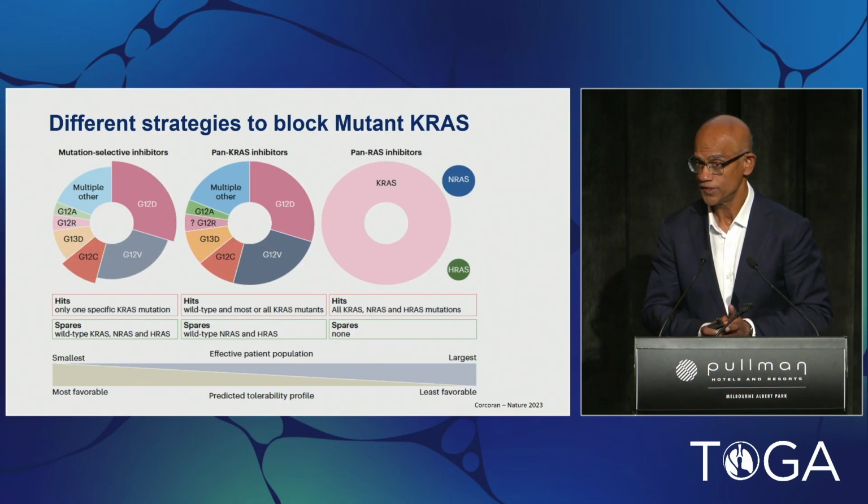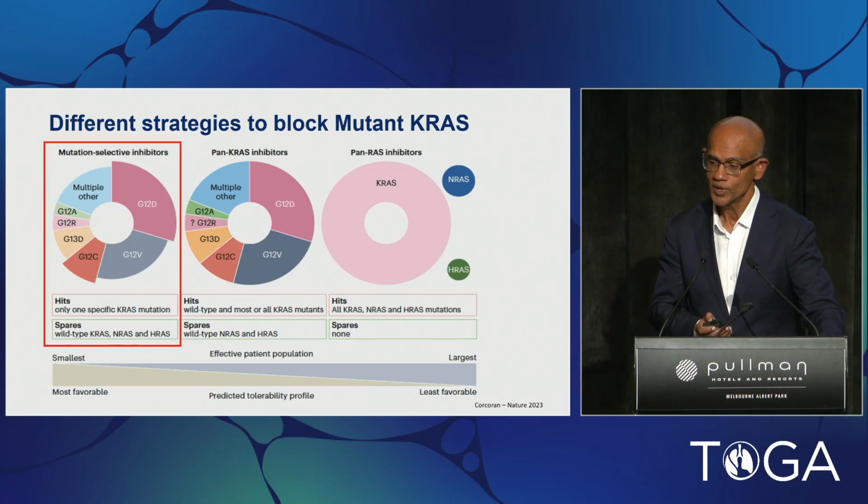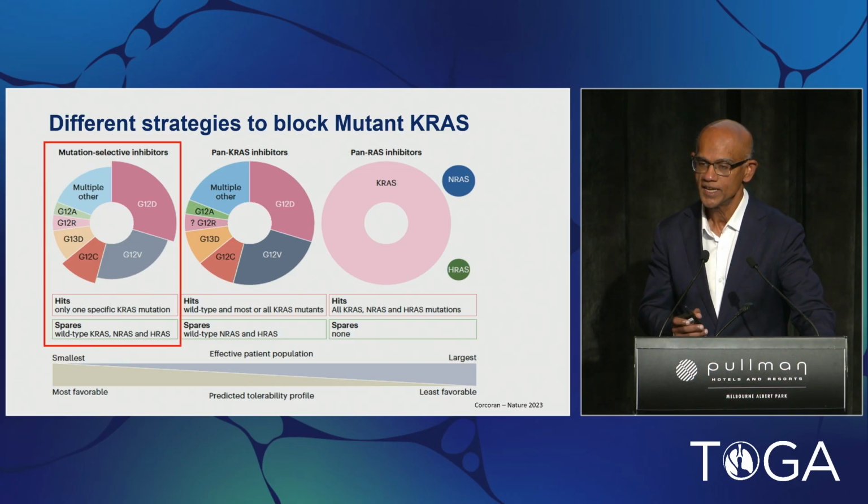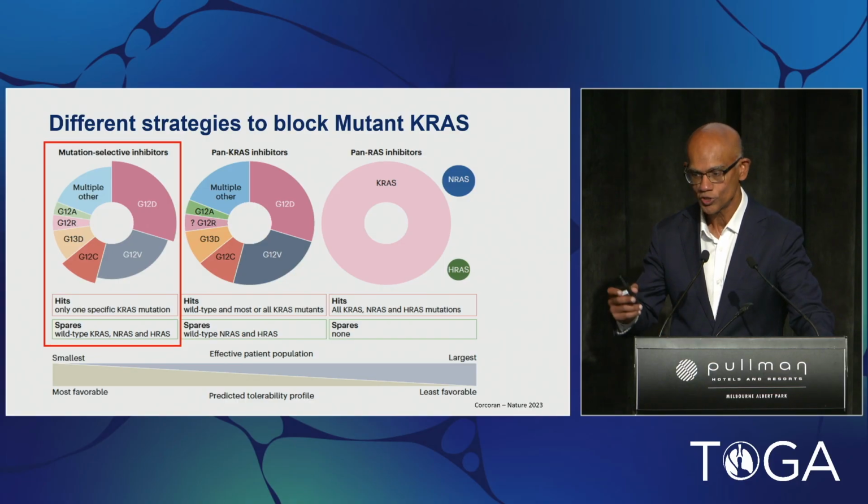Now, the different strategies to block KRAS. We can use mutation-specific, mutation-selective inhibitors. These target particular mutations like G12C or G12D.